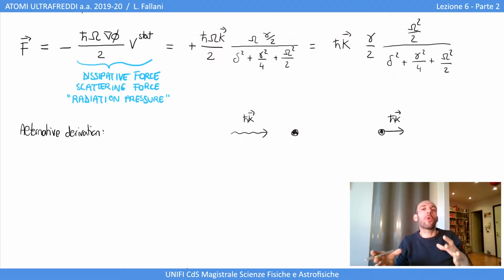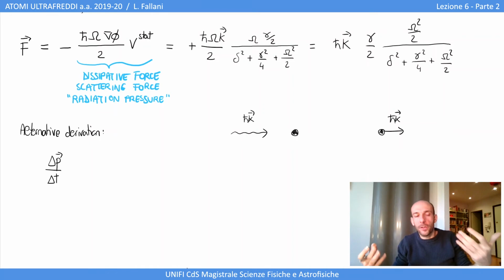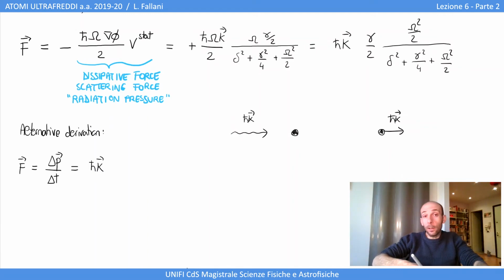And so since you have a transfer of momentum delta p in the unit of time delta t, of course you will have a force, and the force will be given by delta p divided by delta t. And this can be written as h bar k, that is the momentum of a single photon, times the number of photons delta n that are absorbed in a time delta t.